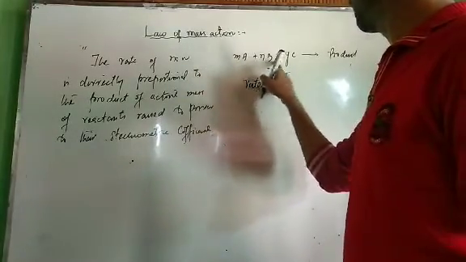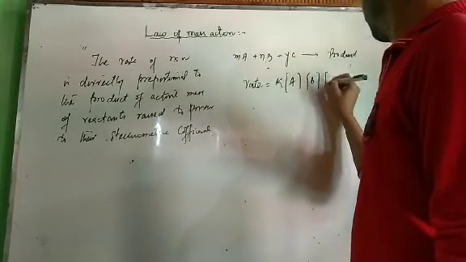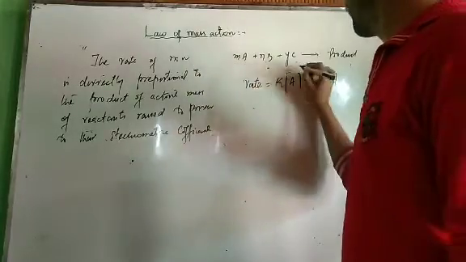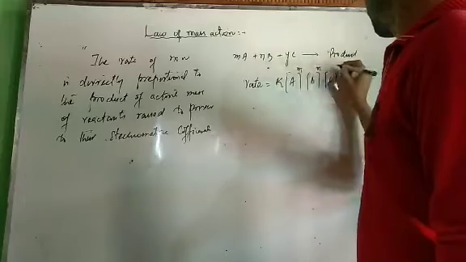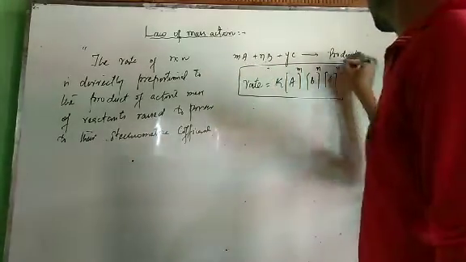The reactants over here are A, B and C. Product of A into B into C, raised to the power of their stoichiometry. What is the stoichiometry of A? It is m. What is the stoichiometry of B? It's n. What is the stoichiometry of C? It is y. This is the law of mass action.